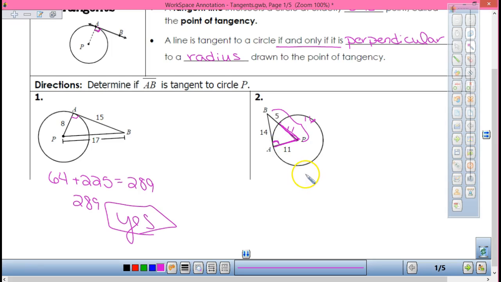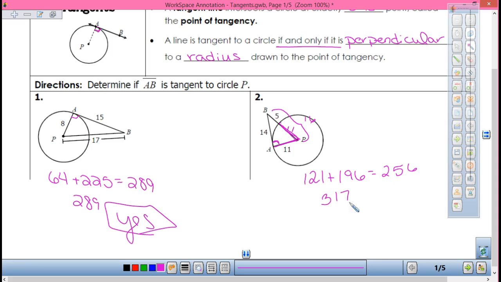So how are we setting this up? 121 plus 196. Yep, equals, well, no, what's it supposed to equal? 256. What does it equal? 317.